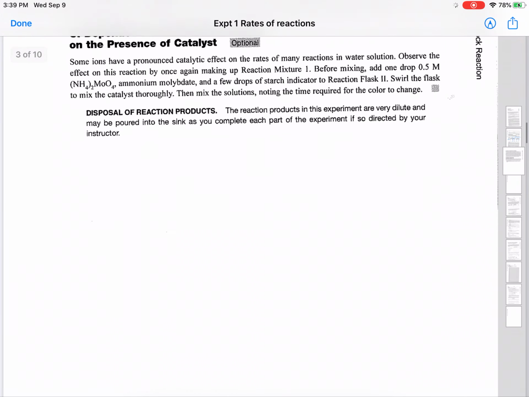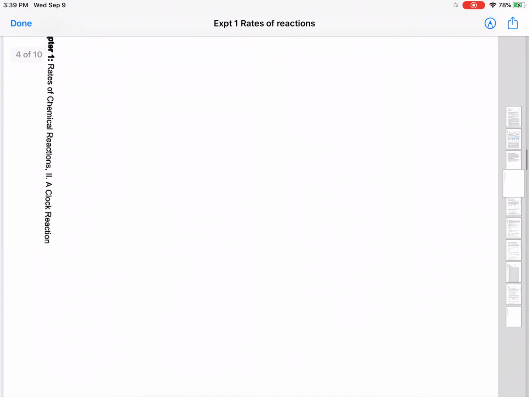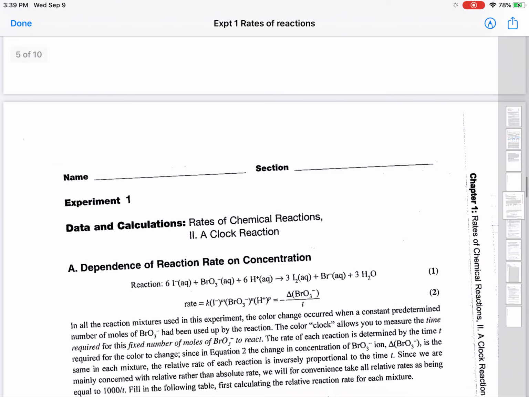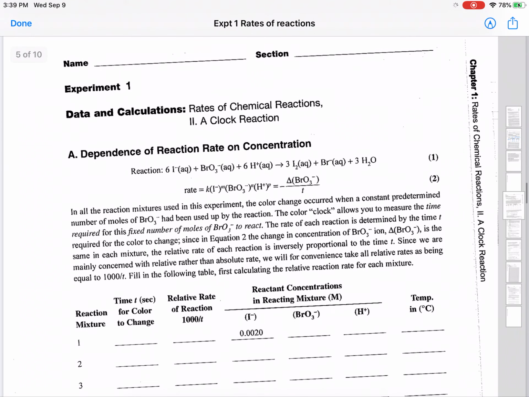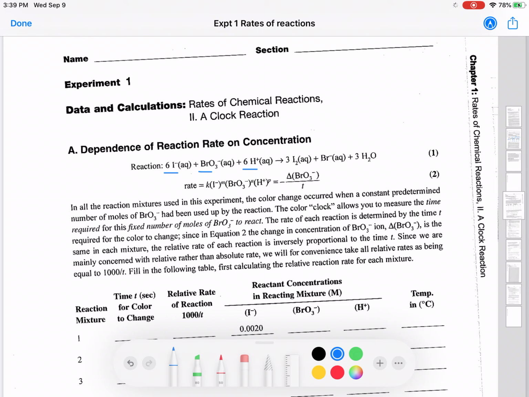The orders are going to be different from the stoichiometric ratios. Those are the molar ratios, and we can find them by balancing the reaction. You see the coefficients over here: 6, 1, 6. These we normally find out without having to do an experiment, since they are the number of moles, not the molarity.